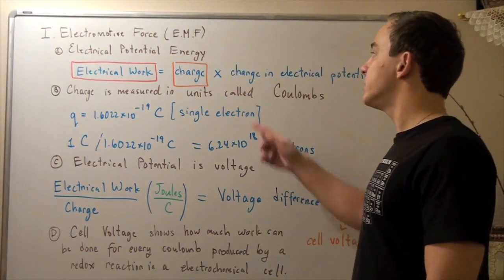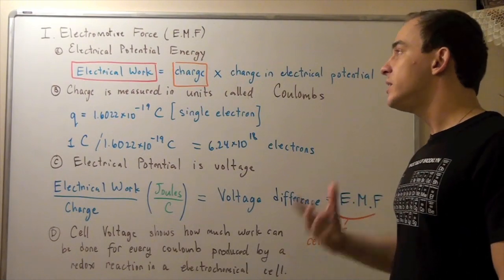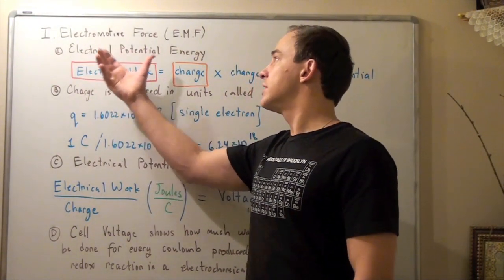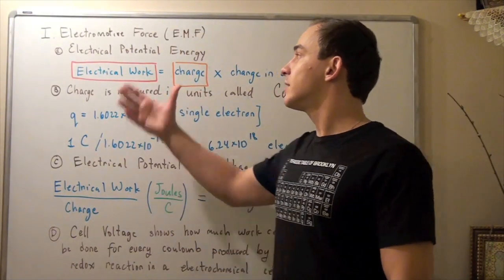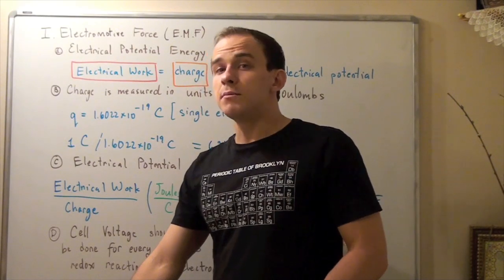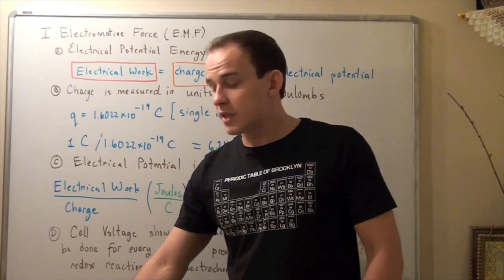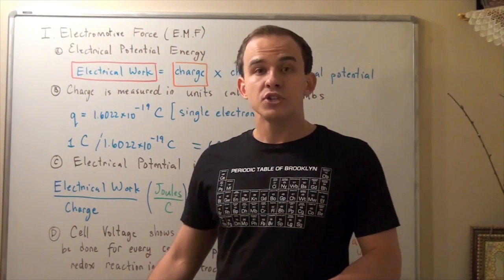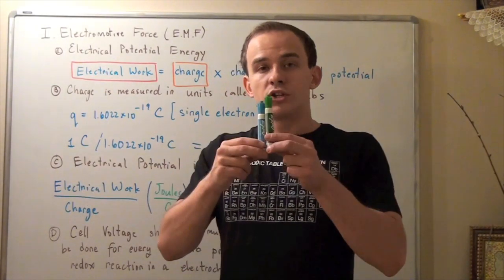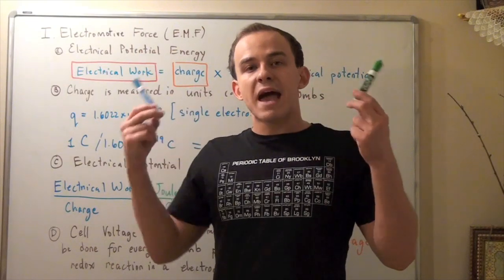So in order to understand what the EMF is, we have to really understand what charge is and what electrical work or electrical potential energy is. So let's look at electrical work first. Electrical potential energy is similar to gravitational potential energy. We know that any two objects, say this marker and this marker, will pull each other, and this pull will be due to their masses.